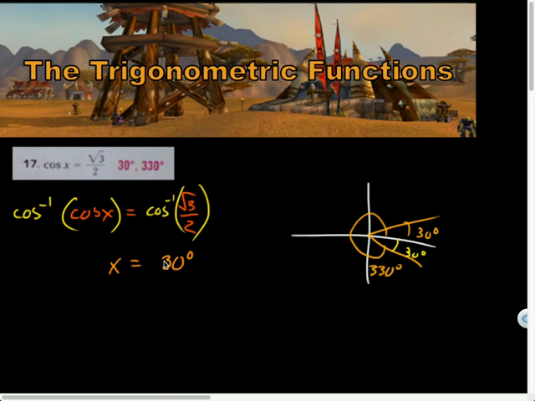So if this was a reference angle, I would just do 360 minus that to get 330. So that's how I get my two separate answers. Good stuff. And that's why I wanted to show you that you can use the hand trick in reverse for ones that at least have familiar values to them.